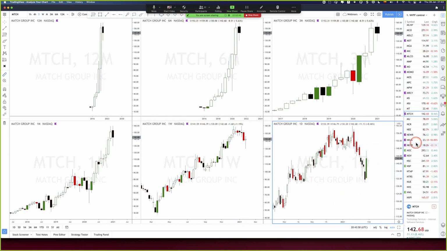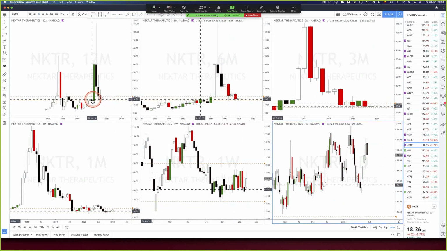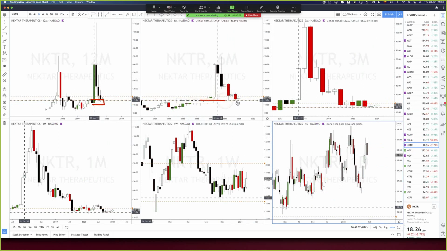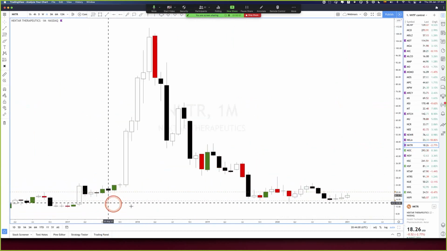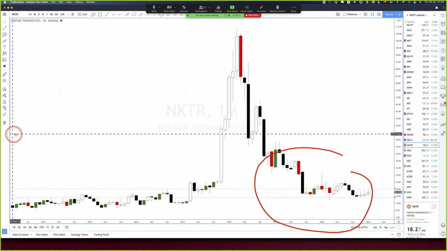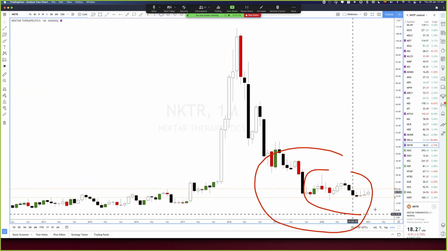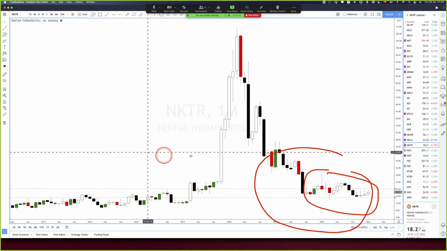So many. Nectar, I'm long on this one as well. Why am I long on this one? Isn't it obvious? Nectar, 6 months, 12 months area of demand. What about this price action? Anyone? What do you think about this price action over here? What do you think is going to happen? Trash.